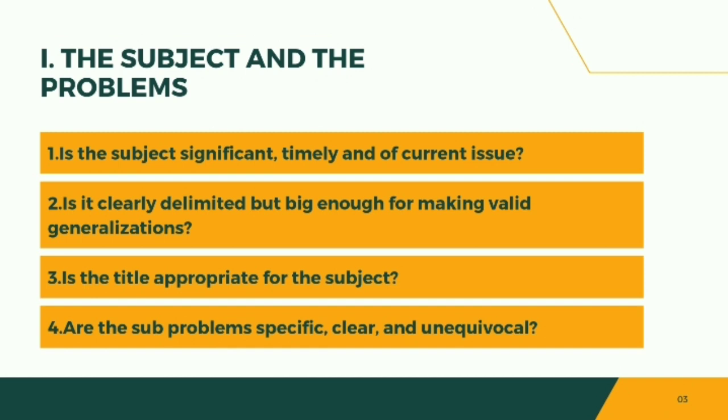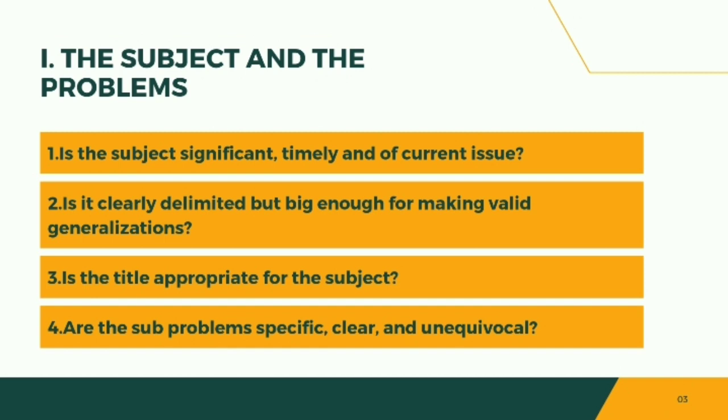SMART means that it should be specific, measurable, attainable, time-bound, and realistic. Your study must not be too general or too big. So technically, you should focus on a certain group of people or a certain group of organizations so that you can create valid generalization and be able to finish the manuscript.